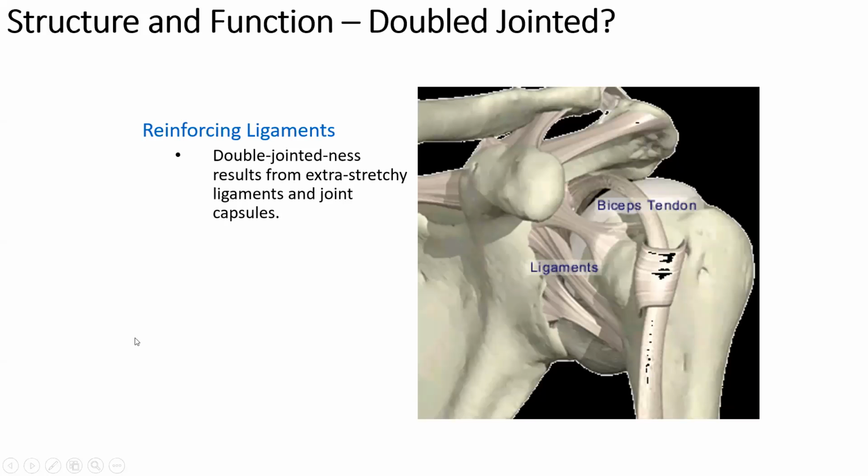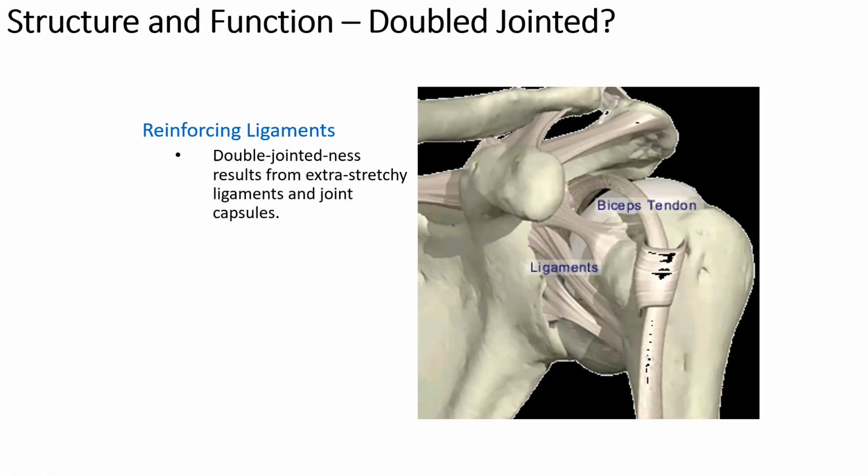And as I said earlier, there is no such thing as being double jointed. The ligaments and the joint capsules are extraordinarily flexible. They're stretchy. They're extra stretchy. They stretch, they give, they have more flexibility than one that doesn't.